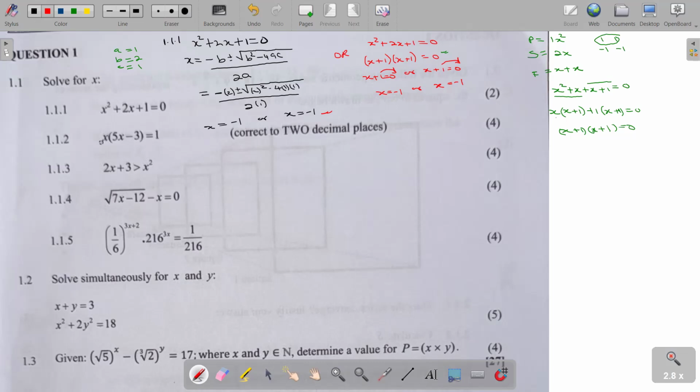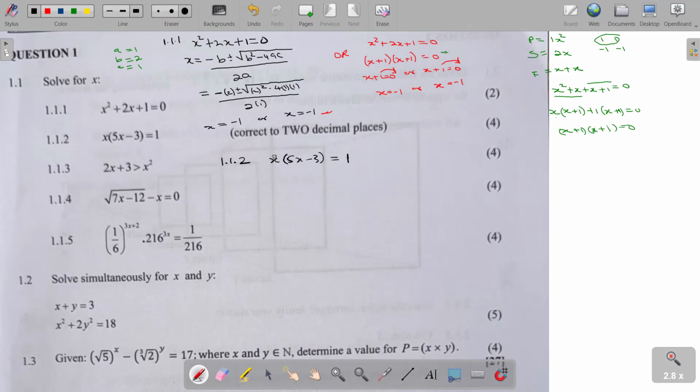Then let's go to the next question. On question 1.1.2, we are given x, then we are having 5x minus 3 being equated to 1. So the first step is to standardize your equation. So it means we have to remove the brackets.